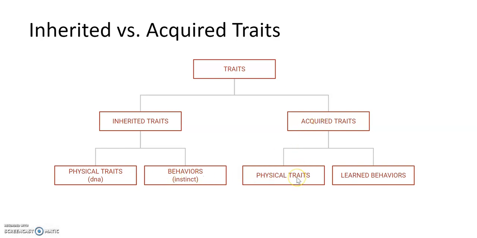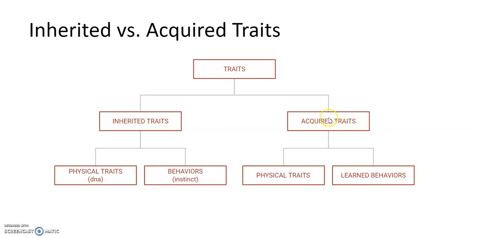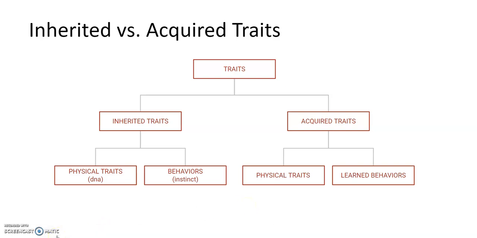Acquired traits can also be physical traits, those that you see, or learned behaviors. So both acquired and inherited traits have physical traits and behavioral traits, but the definition of each is different. Let's look again at the definition.